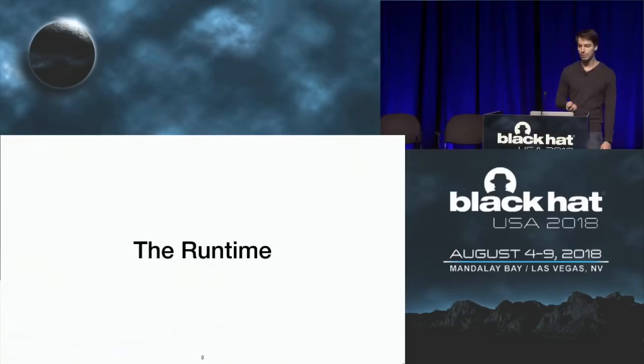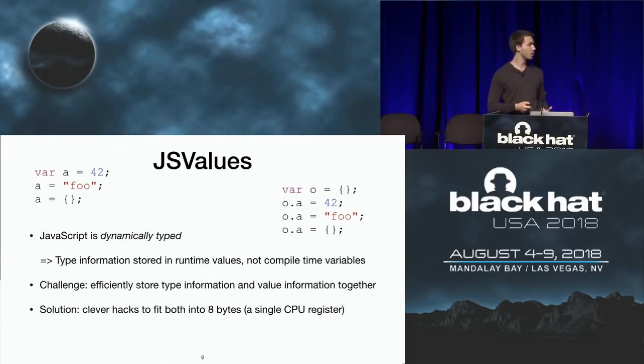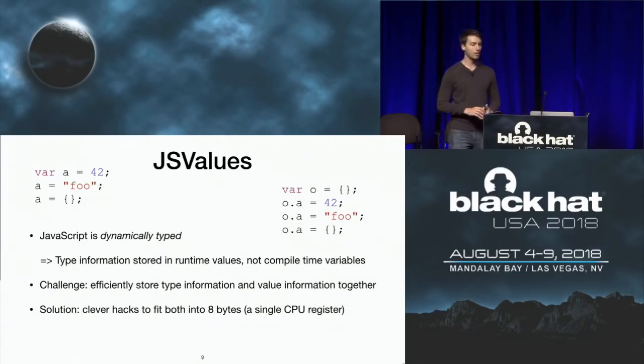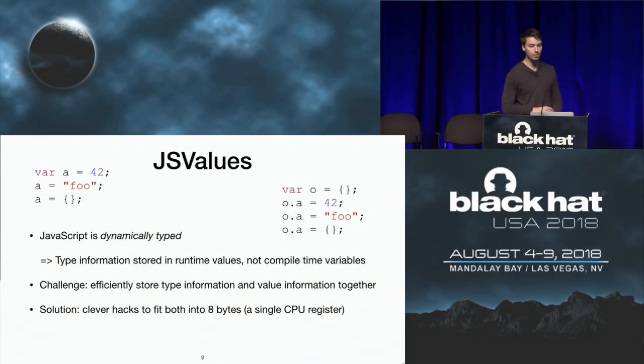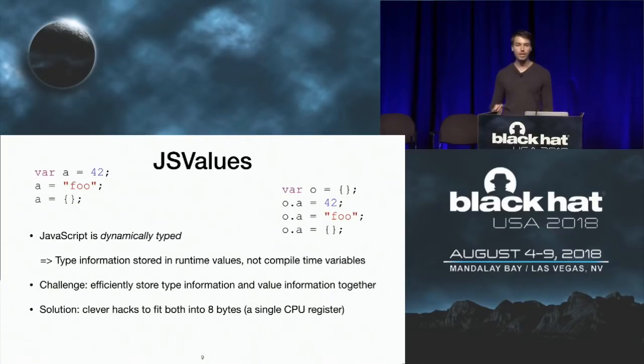All right, let's start with the runtime and actually start with JavaScript values. JavaScript is what is called a dynamically typed language. That means that, for example, variables or properties can essentially change type. If you look at these code snippets here, you see this variable A, it's first a number, then a string, then an object.